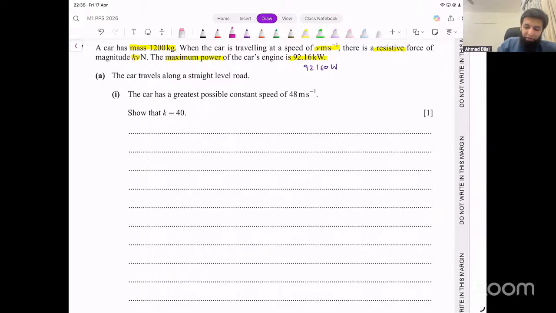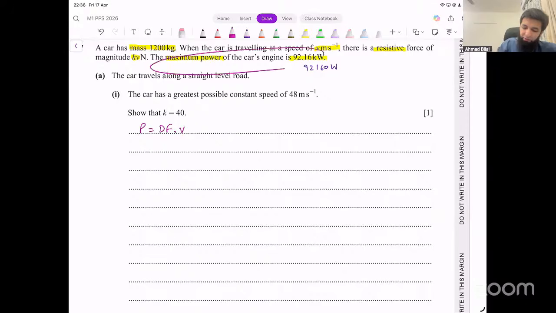Okay, now what is power given by? Power is equal to driving force into velocity. What other information do we have? Resistance, that's a force. We can use it together with, so k is equal to 40. Yeah, we can actually find this directly.